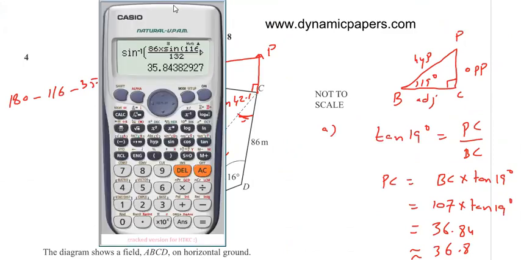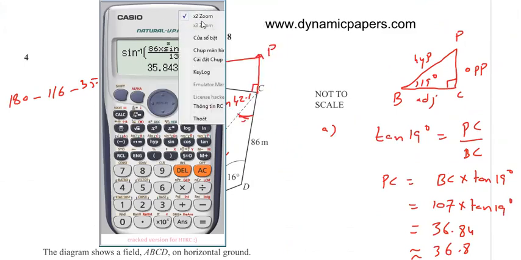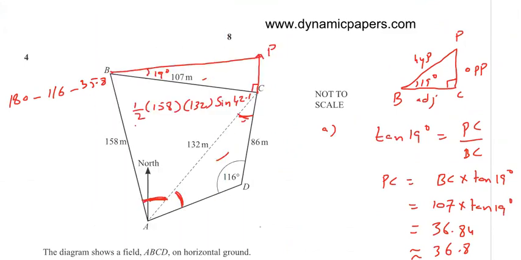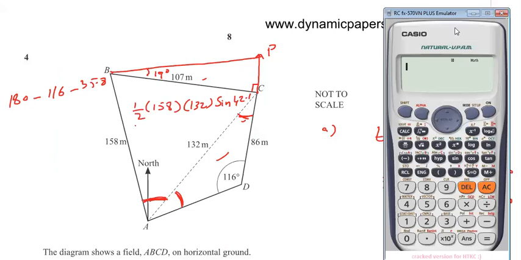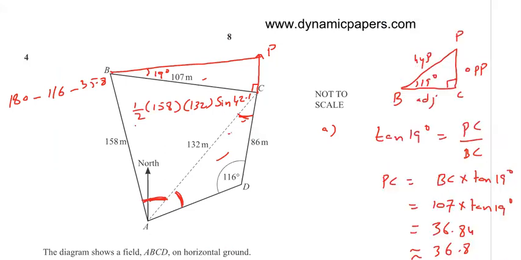So let's subtract it. 180 minus 116 minus 35.8 is 28.2. So this angle is 28.2. It means the area of this one will be 1 over 2 times 132 times 86 times sine of 28.2. That will be the area of this part.